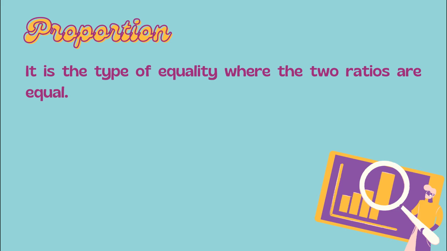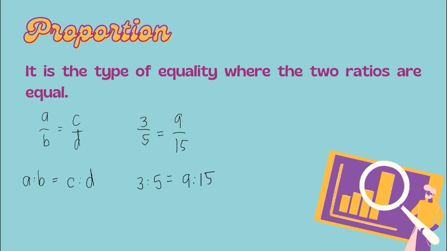So for example, you have here A over B is equal to C over D. You could also write this as A is to B is equal to C is to D. When we use numbers, you could write 3/5 is equal to 9 over 15 or 3:5 is equal to 9:15. So that is the meaning of a proportion.